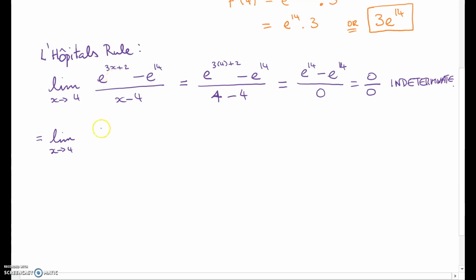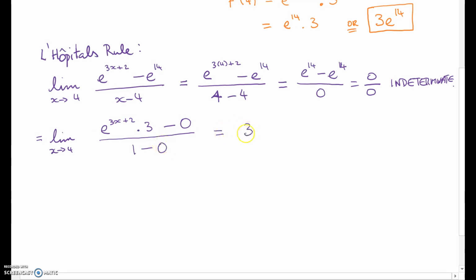So differentiate e to the 3x plus 2. We've already done that. We know that it's e to the 3x plus 2 times the derivative of the power, which is 3, minus e to the 14. Well, e to the 14 is just a constant, so its derivative is 0. The derivative of x is 1, and the derivative of negative 4 is 0.